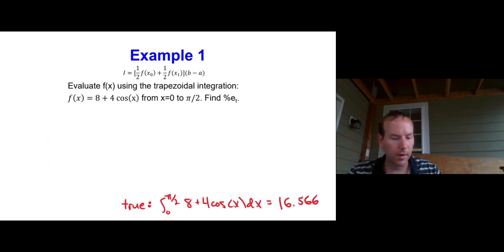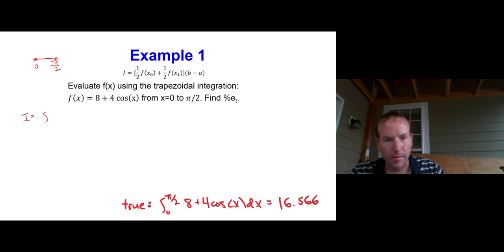Okay, so let's now apply that in an example. Let's say we're looking to integrate 8 plus 4 cosine x from x equals 0 to x equals pi over 2. And so we just have 2 locations. So I'm going to make a little number line here, 0 to pi over 2. So it's a very simple little number line.